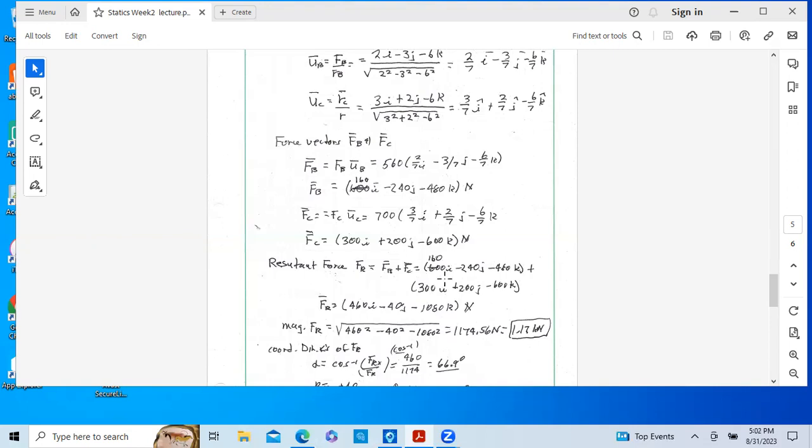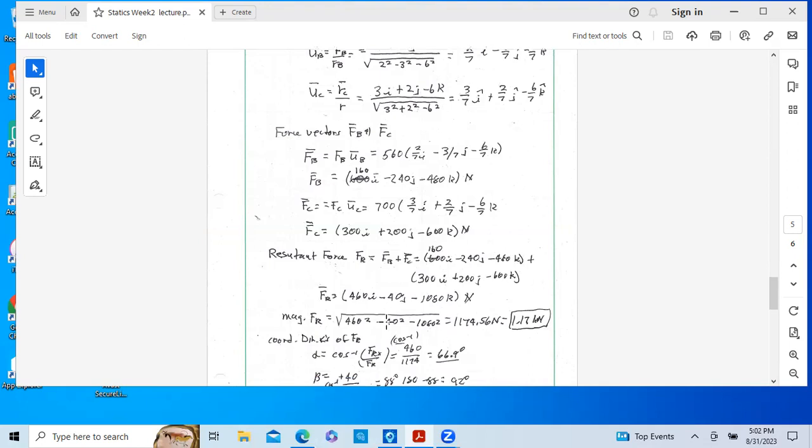We add the two I's, the two J's together, and the two K's, and we end up with this quantity down here: 460I plus 400J minus 1080K.